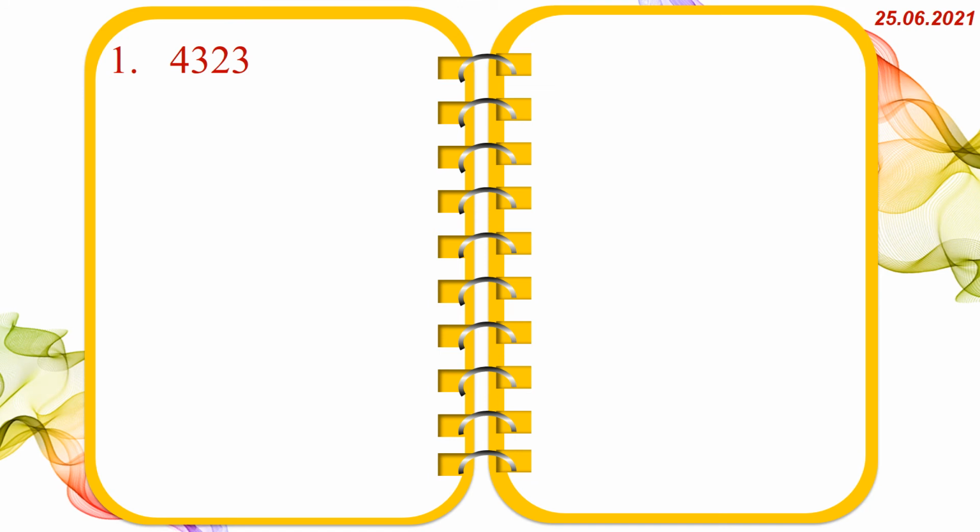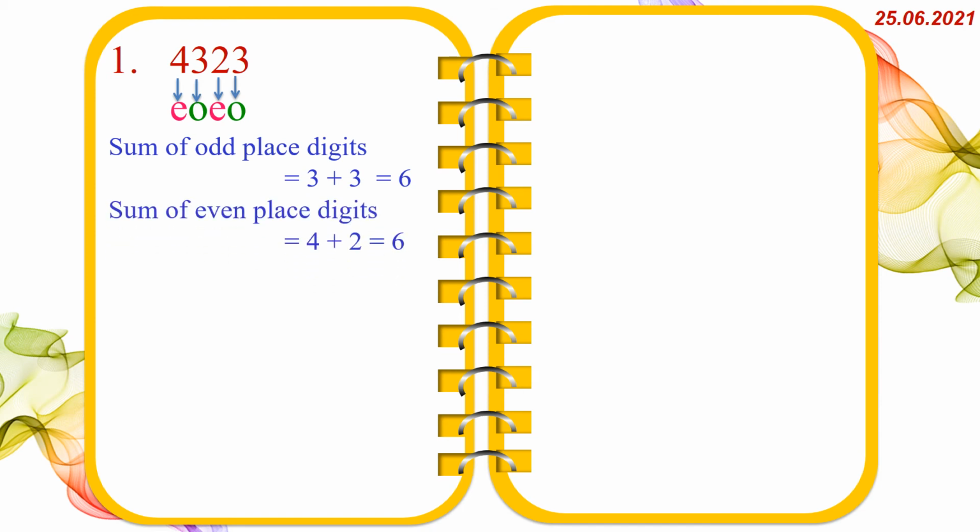Next, add up all the digits in the even places. Therefore, the sum of the odd place digits equals 3 plus 3 equals 6. The sum of the even place digits equals 4 plus 2 equals 6.